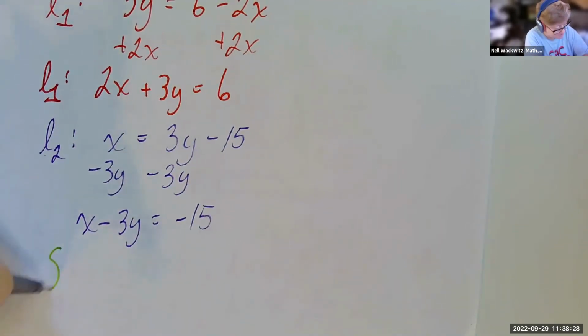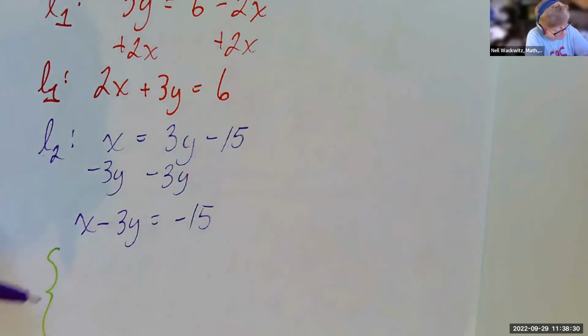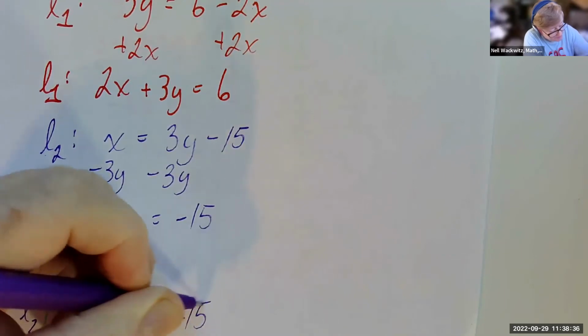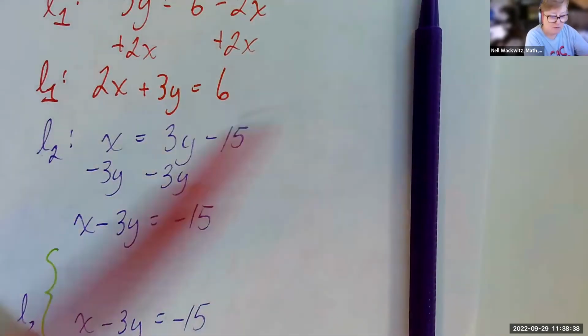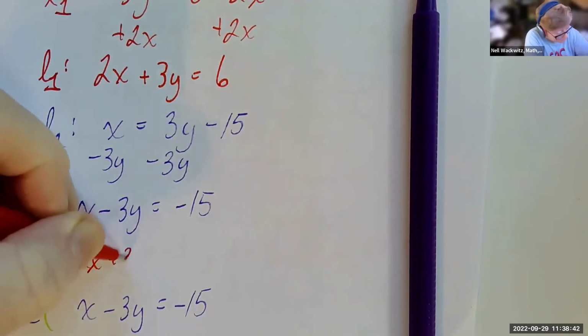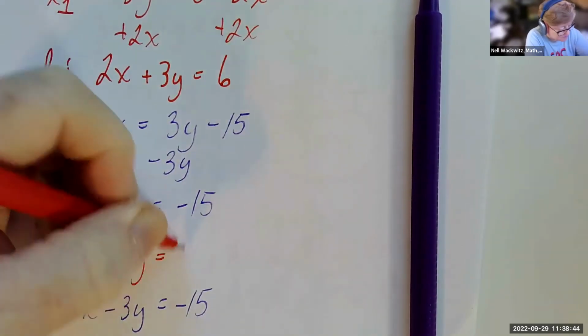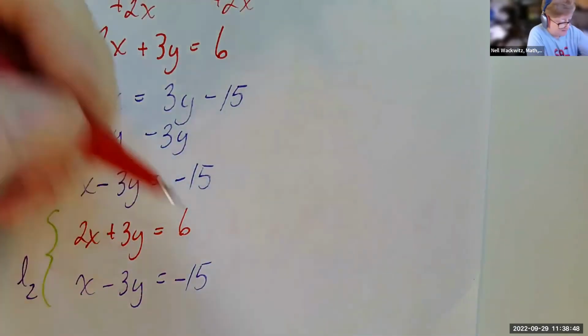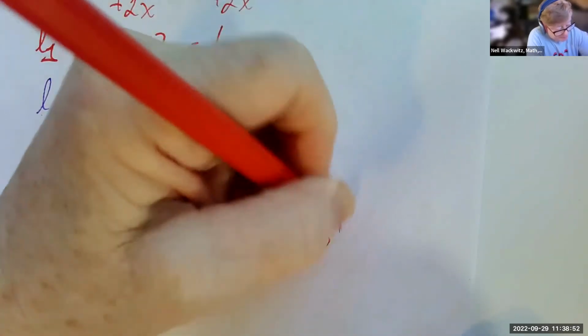So our system is now x minus 3y equals negative 15 and 2x plus 3y equals 6. And let's do what we've been doing. Let's identify A, B, and C.